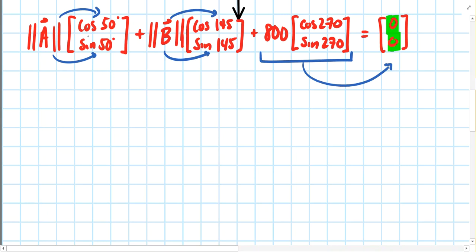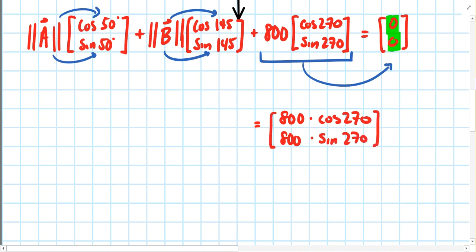And so when I'm done, I'm going to also have a rectangular or component form of our vector for A and a component for B, and that will end up being equal to some component, which is the opposite of component C. And I say that it's the opposite because this will be on the other side. So algebraically, it may look something like this. The 800 will multiply by cosine 270, and the 800 will multiply by sine 270, and the results of those two computations will be the component form of this vector.